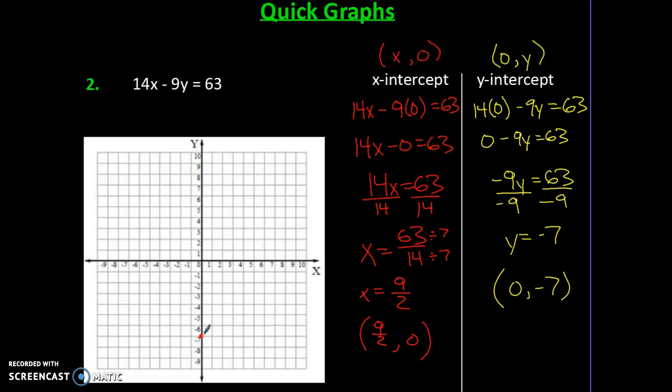So to do so, I will do it right under the equation. I need to get y by itself, so I need to move this 14x. So I will subtract 14x. Subtract 14x. So I get a negative 9y equals 63 minus 14x.